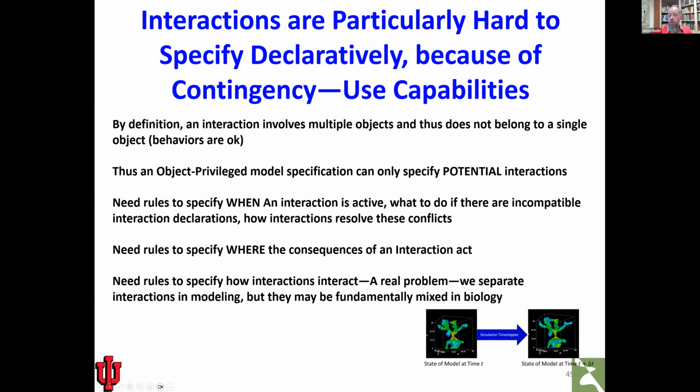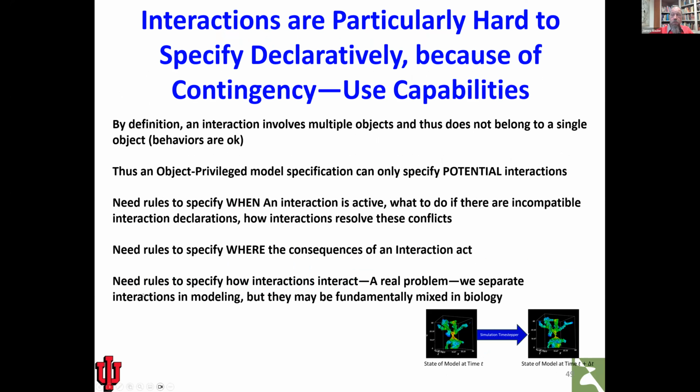Again, when you're dealing with agent-based modeling, you have to have some concept of the universe as an object itself that has the dynamics that are going to be acting on the components inside of it and are watching for events. And so I think that that's a tricky thing to do. That makes object-privileged model specification actually rather tricky. You need contingencies. You need rules to specify when an interaction is active.